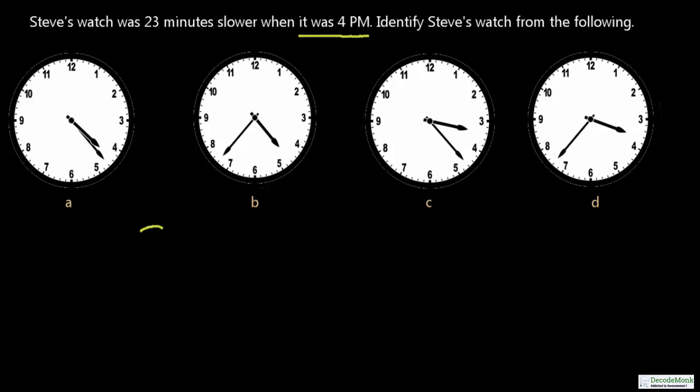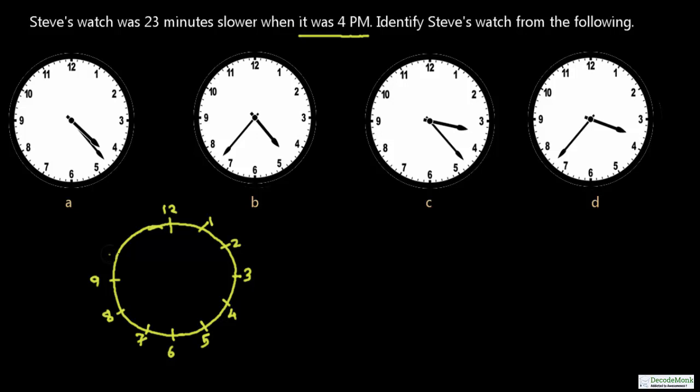So, let us try to draw a clock. A rough clock will do, and then mark the hours. So we have 1, 2, 3, 4, 5, here 6, and 7, 8, 9, 10, and 11.